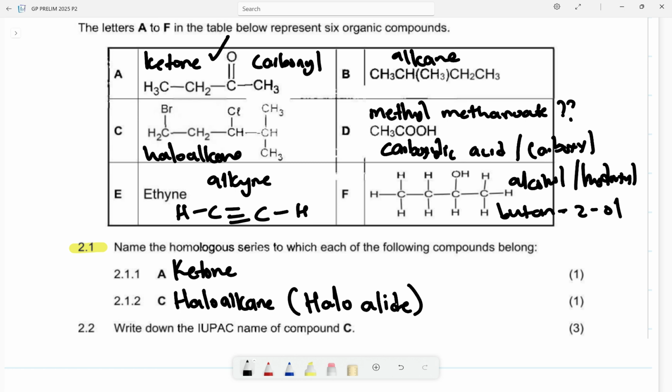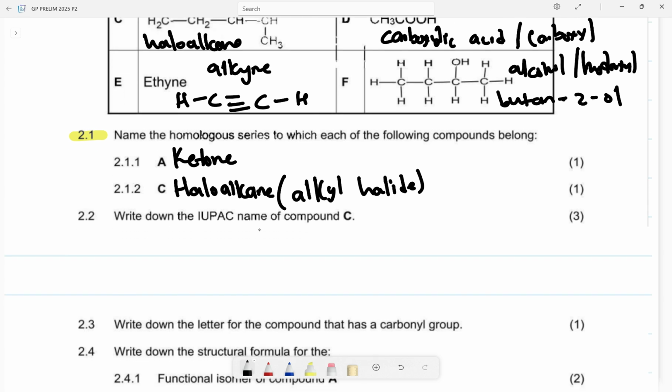I think it is alkyl halide, but just stick with haloalkane, it is easy.